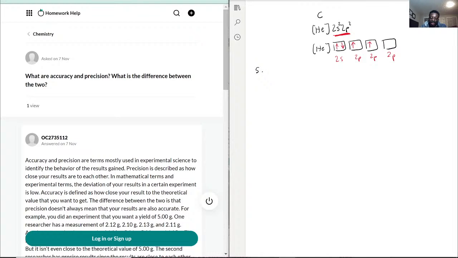But the point being is that the S and P shells, which you'll learn later, there's not much energy difference between those shells, so there's no real priority.